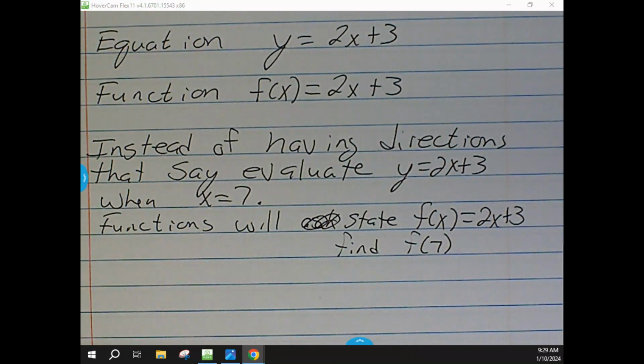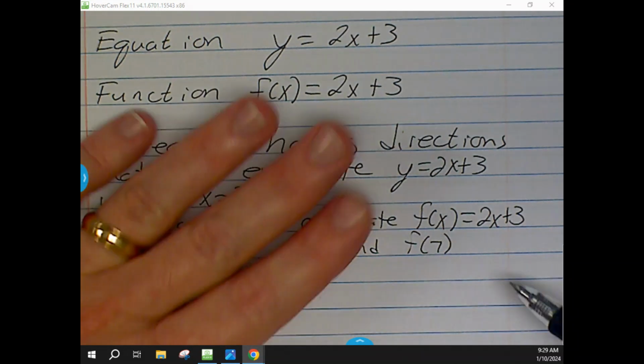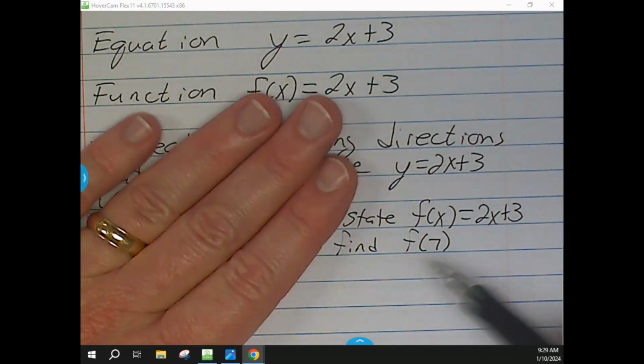So from a mathematical standpoint, it's a little bit faster way of finding answers. Still working through some of the same things. But now they don't have to say, here's this equation, y equals 2x plus 3, evaluate when x equals 7. Now they're just going to say, you're given f of x equals 2x plus 3, find f of 7.